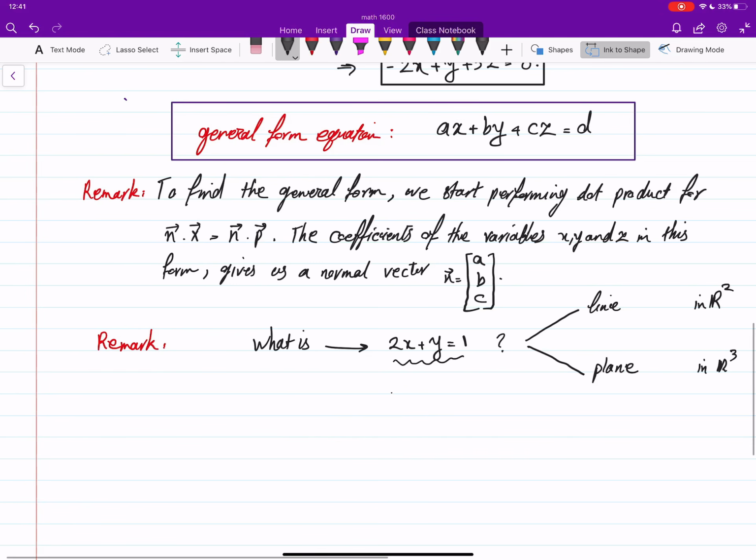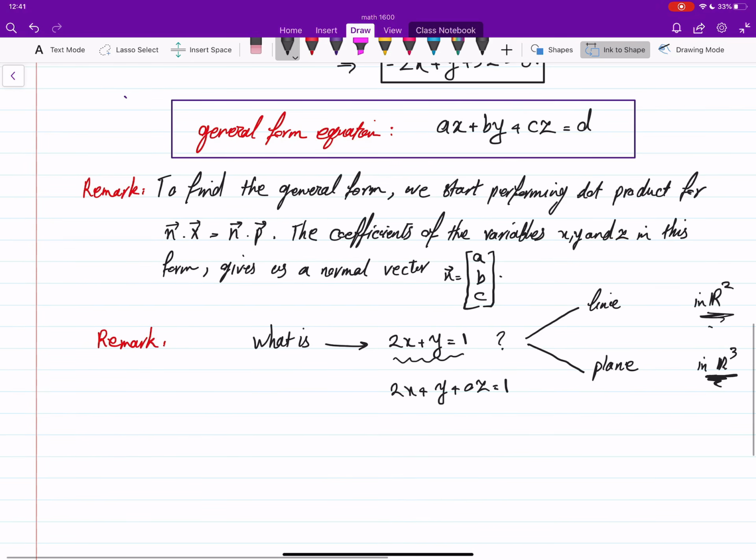Indeed, this is 2x plus y plus 0 times z equals a number. So this case happens when we don't have any z in the equation, and you have to be very careful in those cases. We have to know in which space we are working. Okay, that was the last remark for this part.